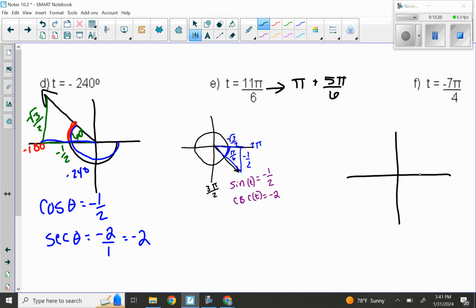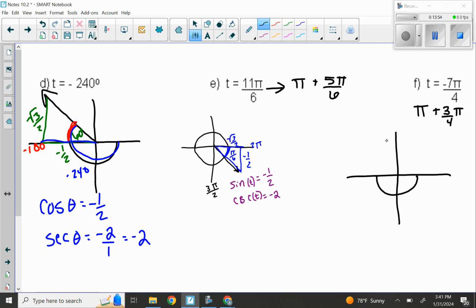So we're negative, so we're going left. So if I break this apart, I'm going to think of it in terms of positive. Just know that I'm going clockwise around. So that's a full pi plus 3/4 of a pi. So here we have 1 full negative pi because we went negative.